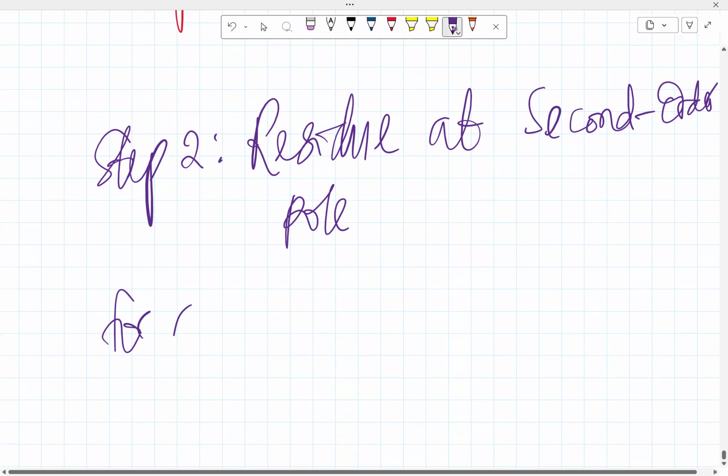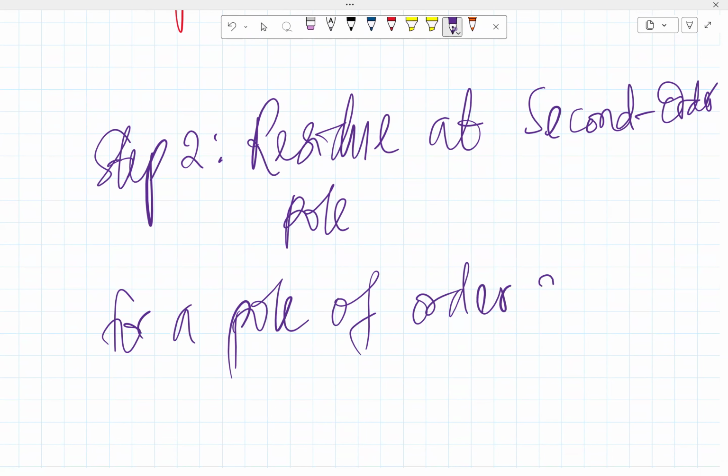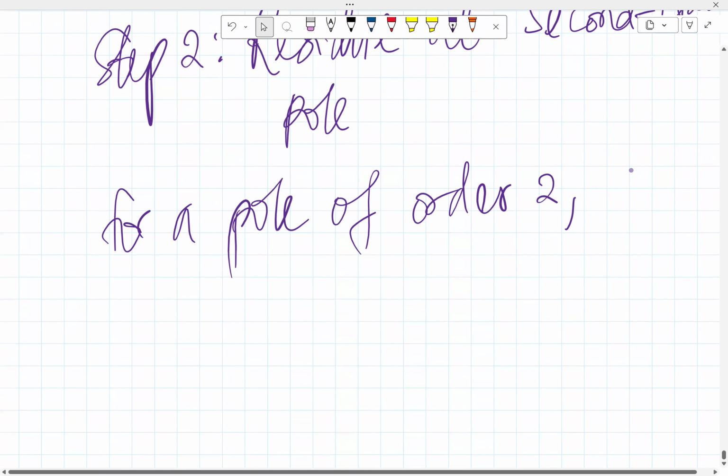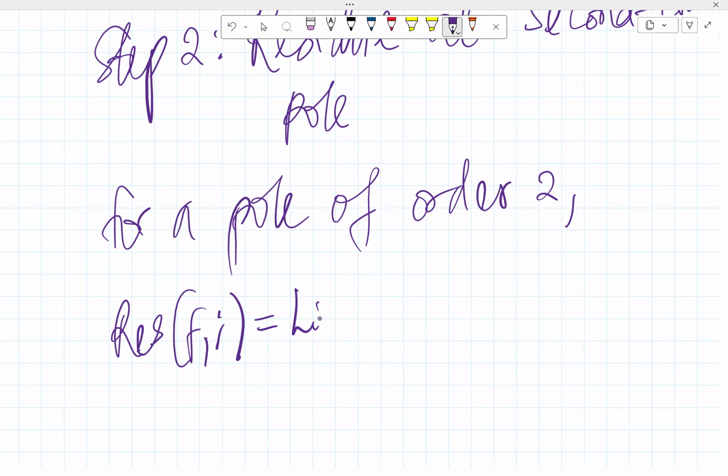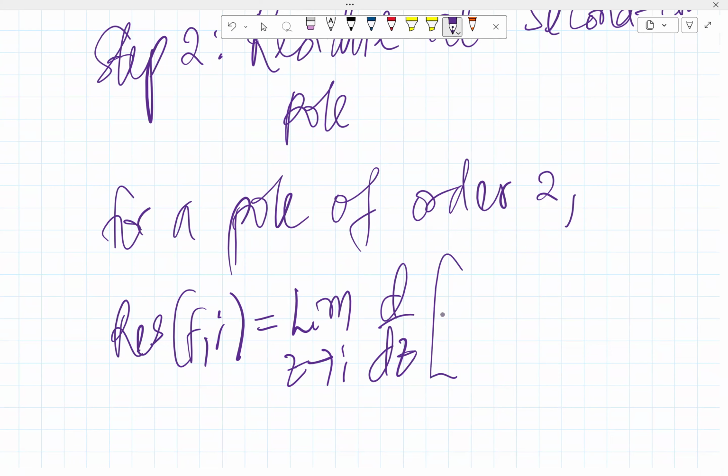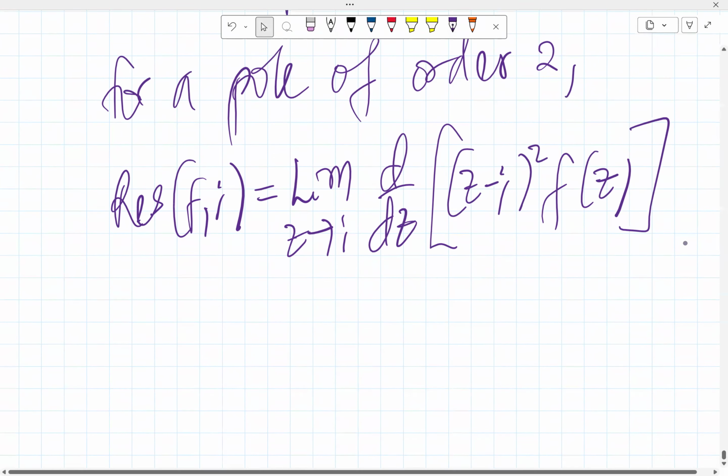So for a pole of order 2, the residue of the function at I now is the limit as z approaches I of d dz, because it's a second order thing now, so we need to apply the general residue theorem: d dz of z minus I all squared multiplied by f of z, like that.